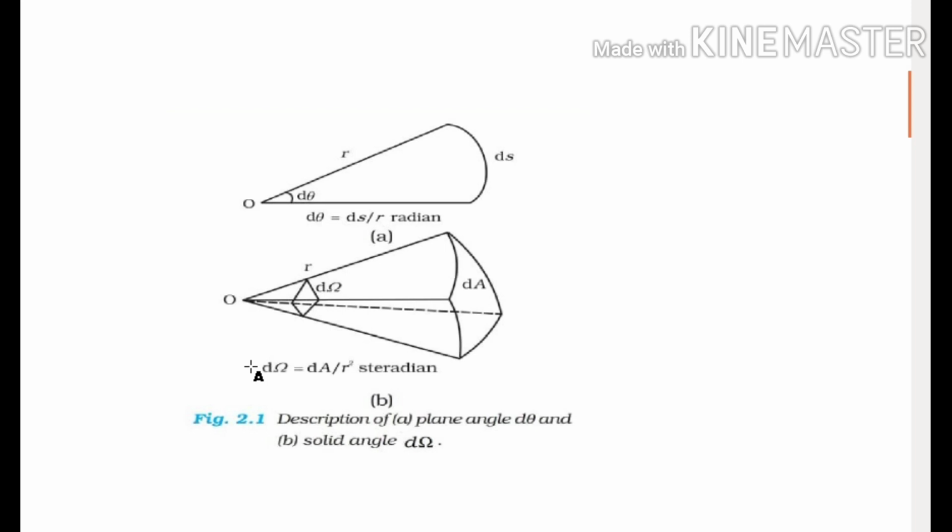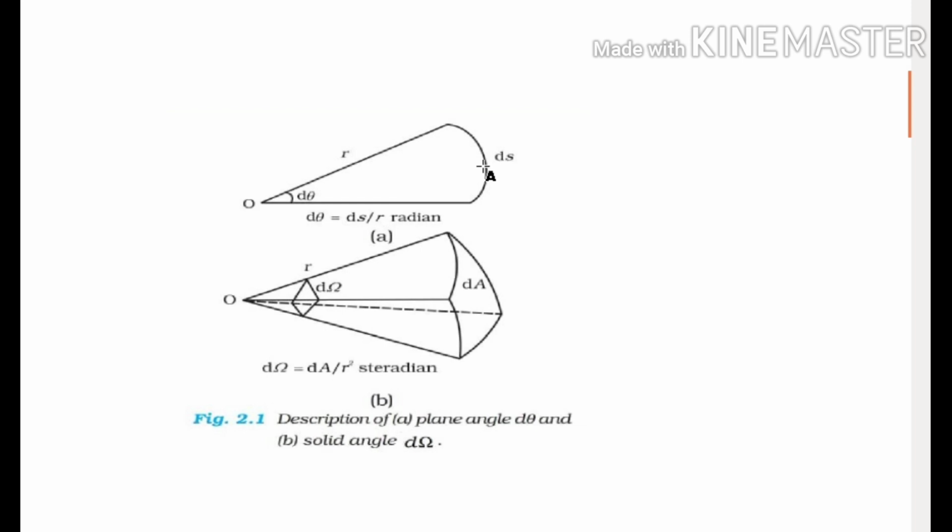Now suppose we have an arc whose length is ds. Now we are taking ds not to confuse you. Let me tell you, I took ds here just because ds is a much smaller distance, and in physics for very much smaller distances we take the distance as ds, dx, like that.